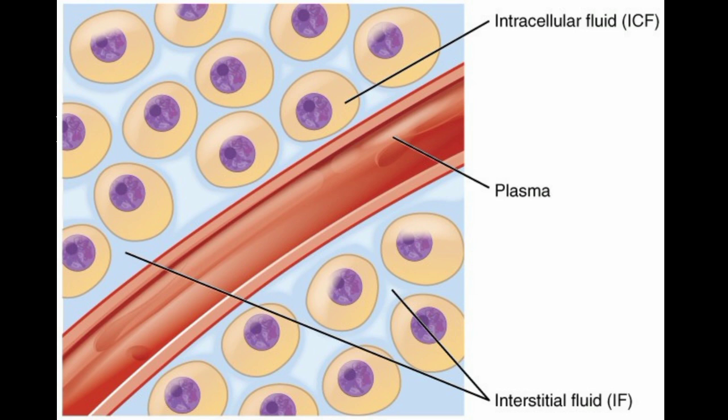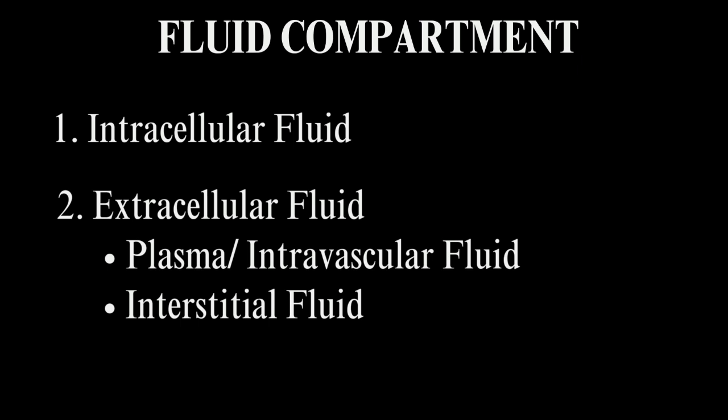The intracellular and the extracellular fluid compartments are separated by a semi-permeable membrane through which water is transported in order to maintain the body's osmolarity. And the fluid shift between these two compartments is via a process called osmosis.